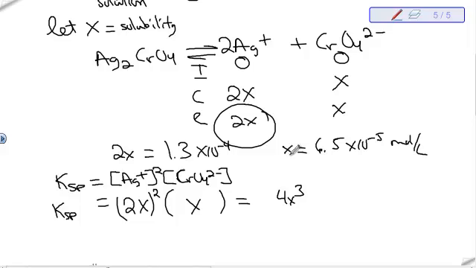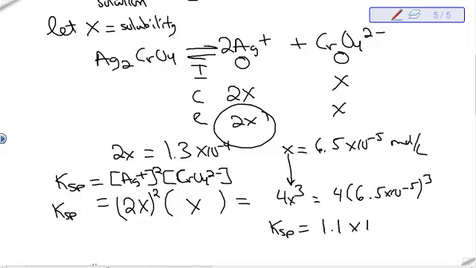Now we solved our x value earlier, so I'm going to substitute my x value in place. 4 times 6.5 times 10 to the negative 5th power cubed equals KSP. So doing some arithmetic using my calculator, I get an answer of approximately 1.1 times 10 to the negative 12.